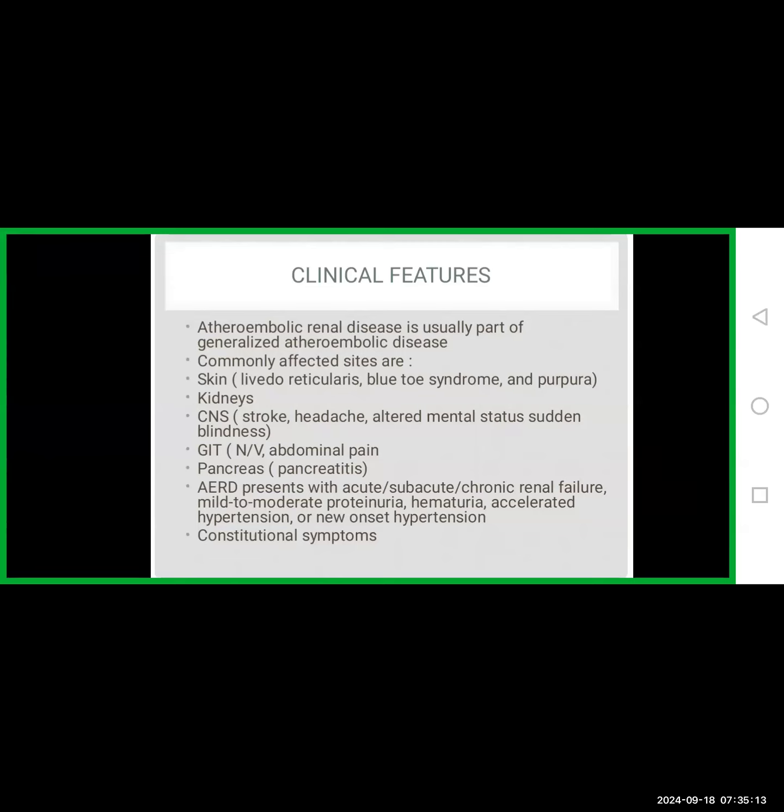Nausea, vomiting, and abdominal pain can be because of involvement of the GIT, and pancreatitis and its related symptoms can also be seen. It presents with acute, subacute, or chronic renal failure, mild to moderate proteinuria, hematuria, accelerated hypertension, or new onset of hypertension. Also, there could be constitutional symptoms of fever, weight loss, fatigue, and anorexia.